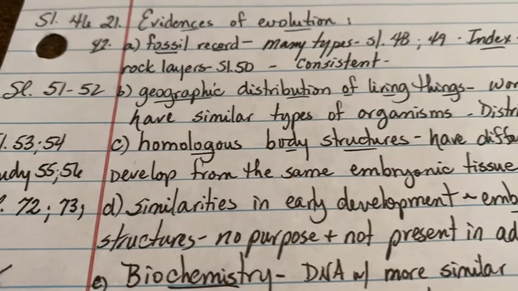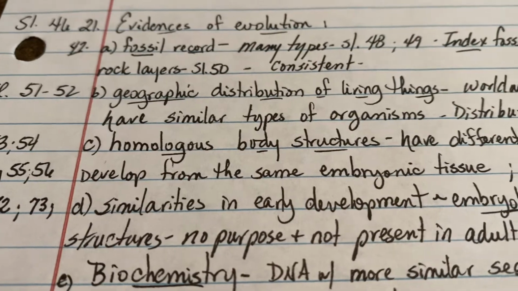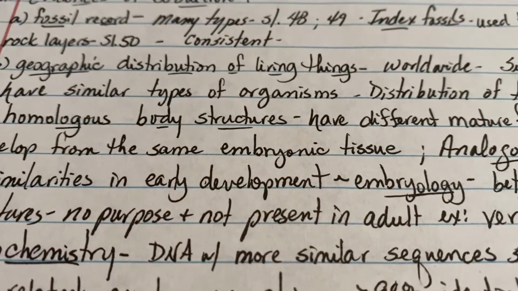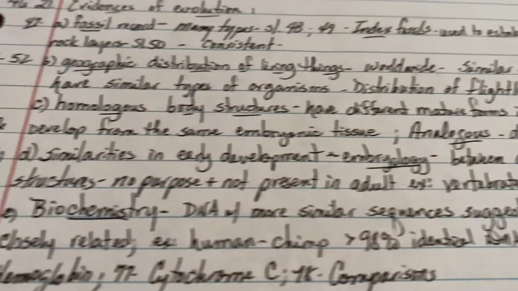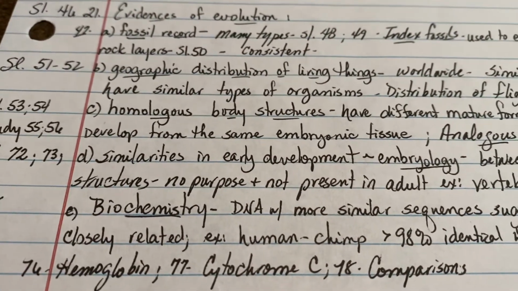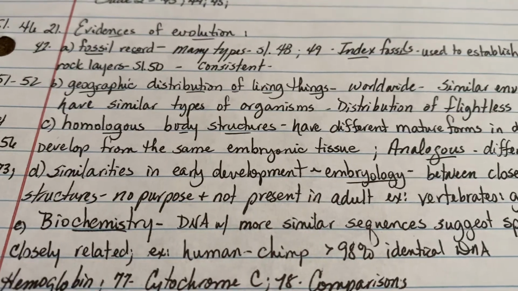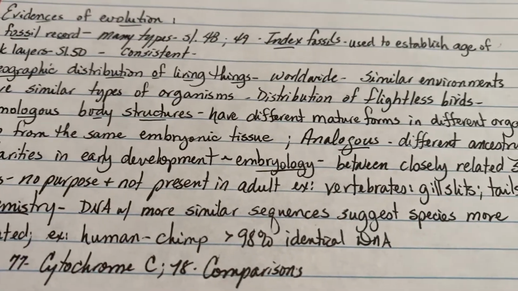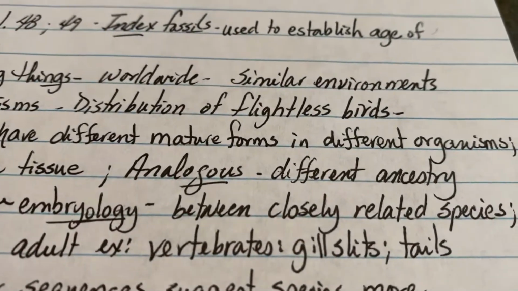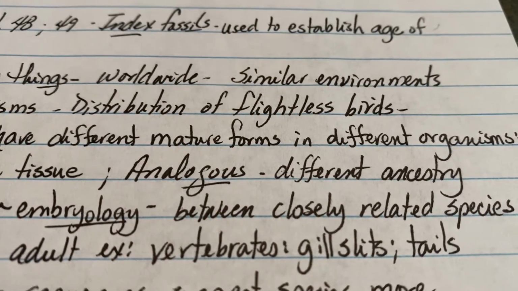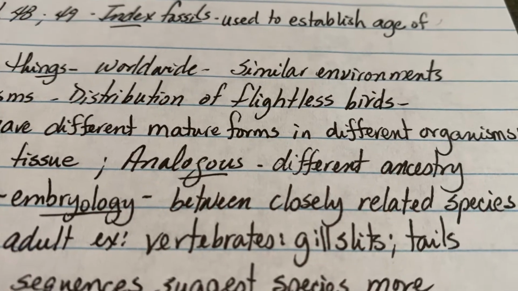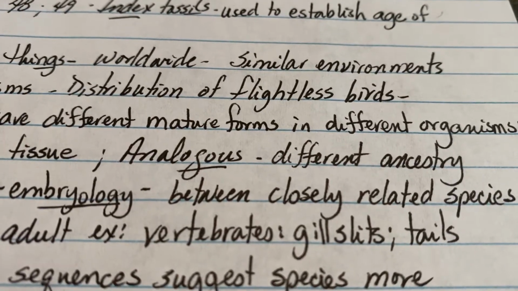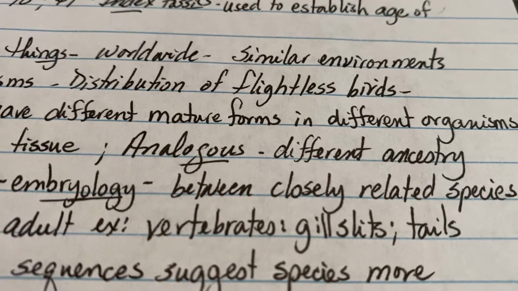We also see similarities in early development, in other words, in the study of embryology. Between closely related species, they have structures that have no purpose and are not present in the adult. For example, all vertebrates, including us, have gill slits and tails expressed as embryos, even though those characteristics disappear as we mature.